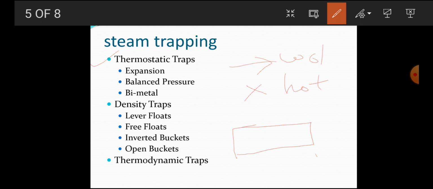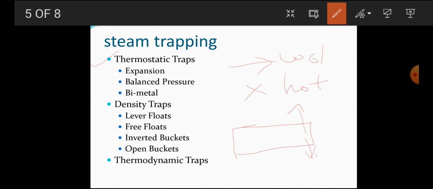So this thermostatic element will close or open the valve. This temperature threshold value is below that of saturated steam, but the actual specific temperature to open or close is different depending on the type of thermostatic trap.